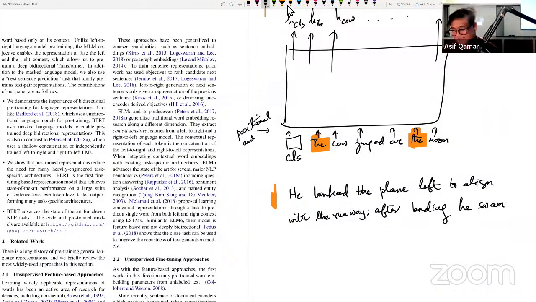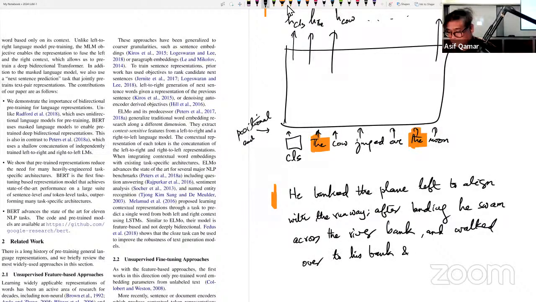Well, I hope nobody does that, but across the river bank and walked over to his bank, withdrew all his money. That's quite a story, right? In one sentence.